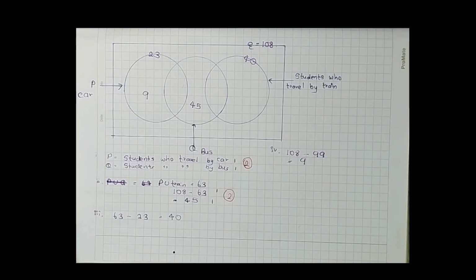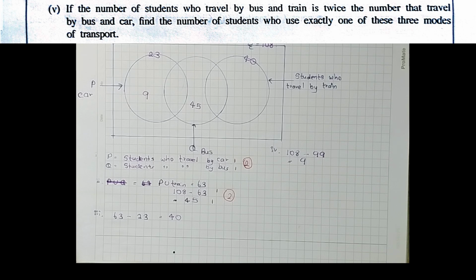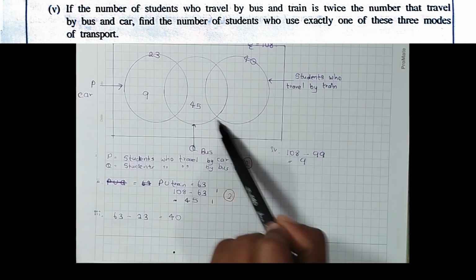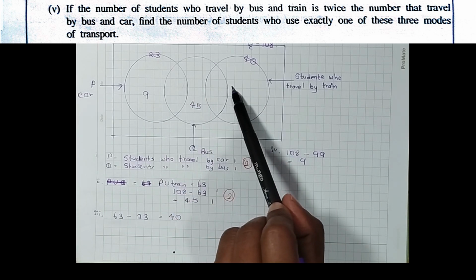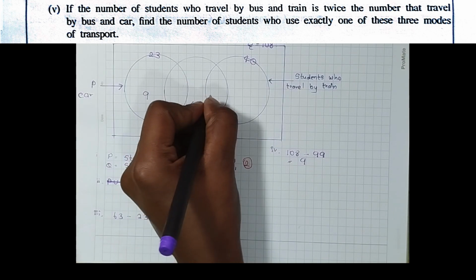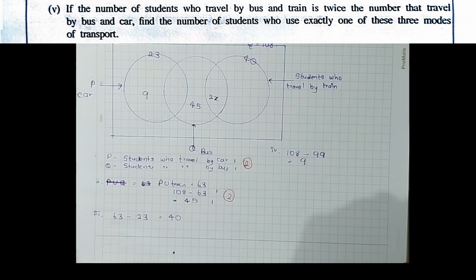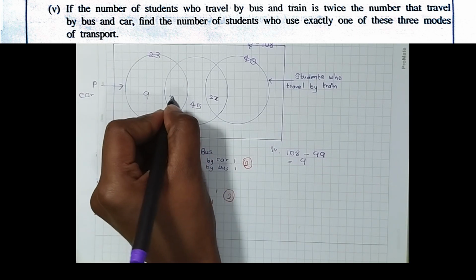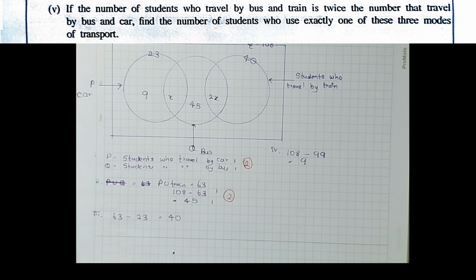Let's go to the next question. If the number of students who travel by bus and train, now they are talking about the intersection, is twice the number that travel by bus and car, then it should be x, and this is 2x.